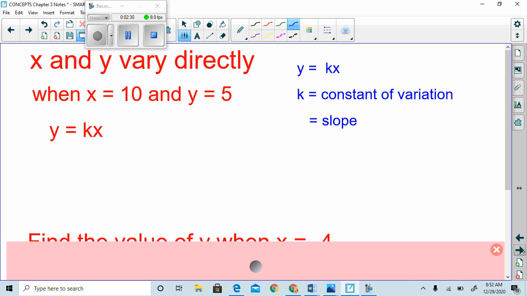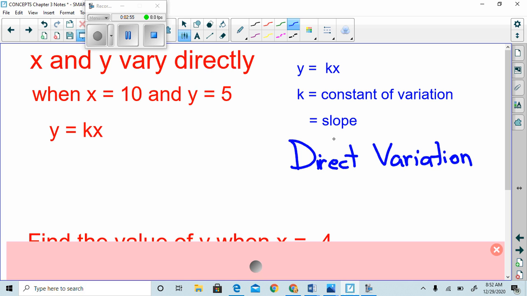Another topic that we talked about was direct variation. Okay, direct variation. The model of direct variation is y is equal to kx. All right, and we're told that x and y vary directly when x is 10 and y is 5. We can find this constant of variation.